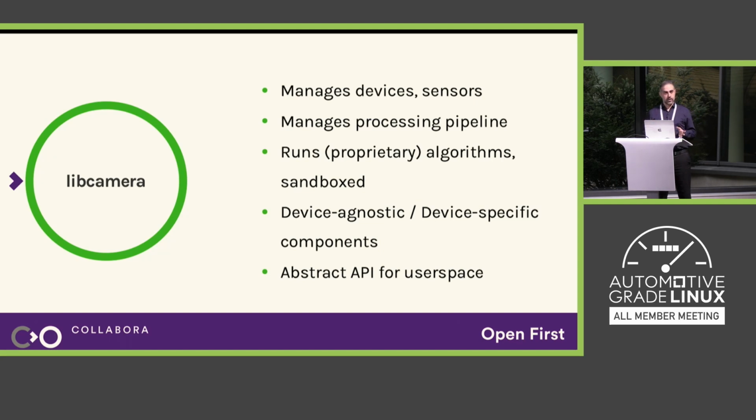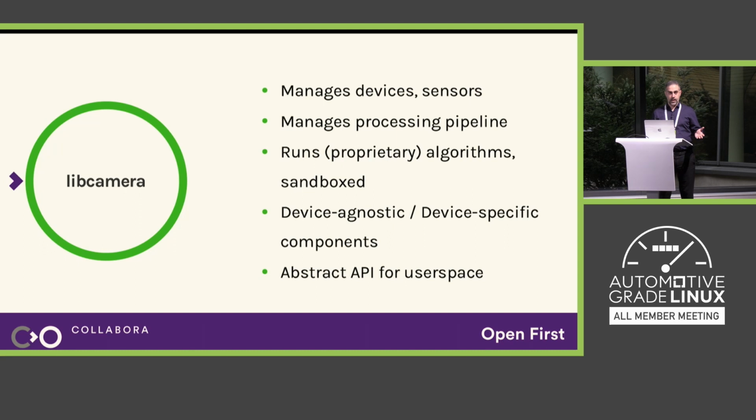So you need something to orchestrate that, and that's what libcamera does. And it has the ability to run also device agnostic code. So the vendor of the camera can push device-specific configuration or code that will orchestrate that for that specific camera or for a specific use case.